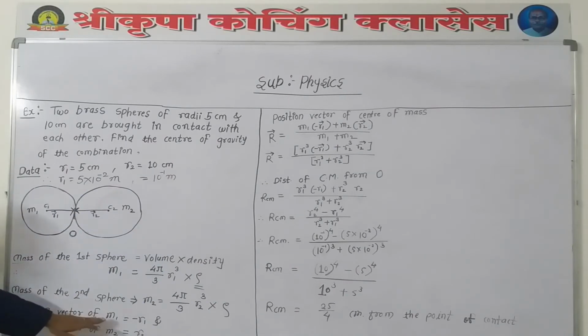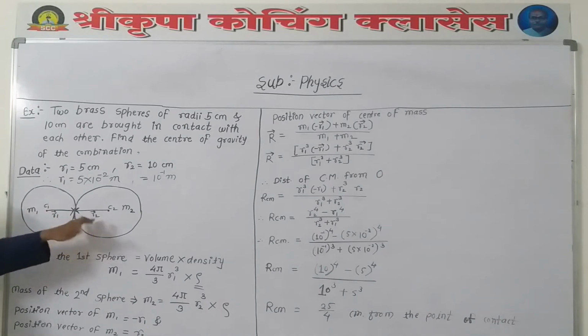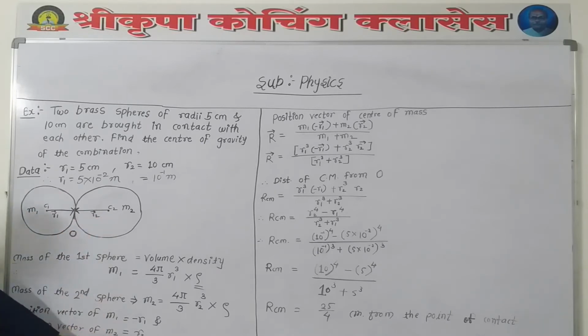Position vector of M1 is equal to minus R1. R1 bar and R2 bar are the position vectors of the first and second spheres respectively, but here we take the position vector of the first sphere as minus R1 because it is directed along the center of the sphere, and R2 is taken for M2.